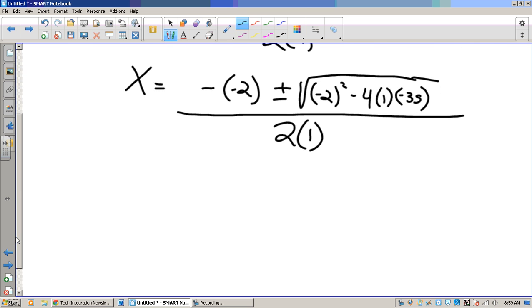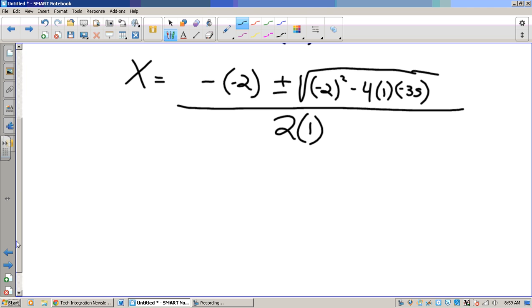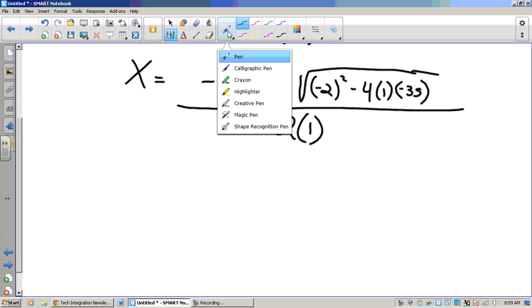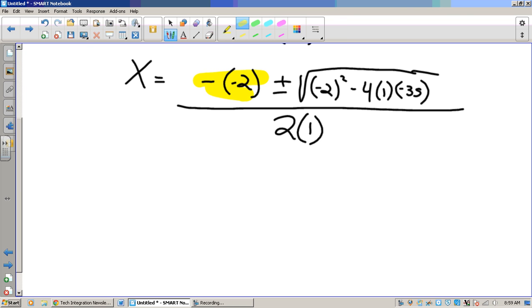Alright? So now we know that we have to do the parentheses here. Okay? We know that we're going to do this, this, and this first. Okay, those 3 things we're going to do. It doesn't matter which order, as long as you don't do the plus or minus or the division. You do all that first in our equation.